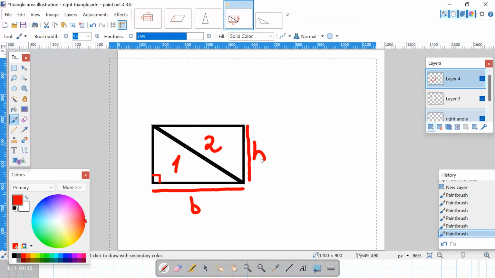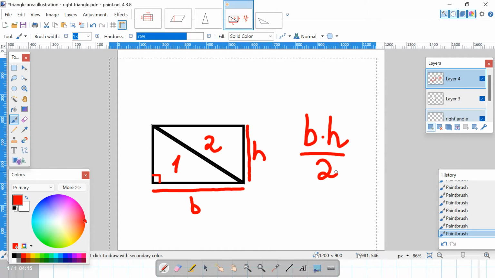So if we multiply the base times the height and divide it by 2, we get the area of one of these triangles, because each of these triangles is exactly 1/2 of the total area of the rectangle in this case. Okay.